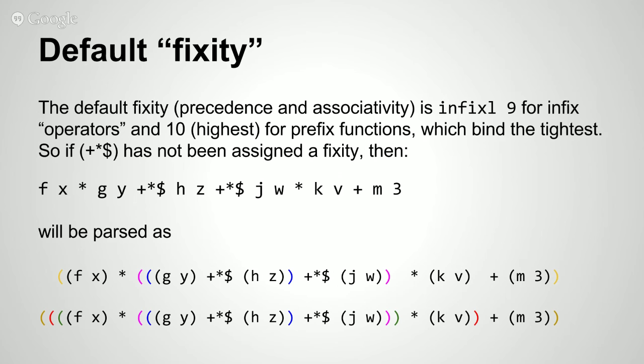And as you can see, the function applications are the tightest thing, and then the plus star $ sign is less tight, and then the $ sign is a little less tight, and then the plus is the loosest. And if we had a $ sign, then that would be even looser.